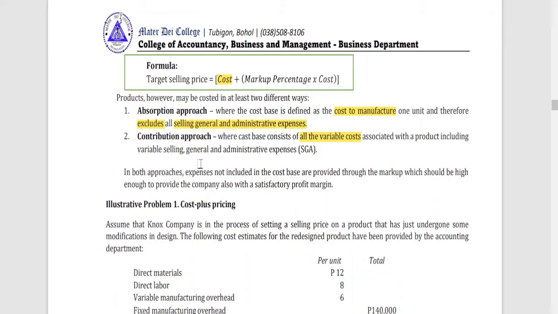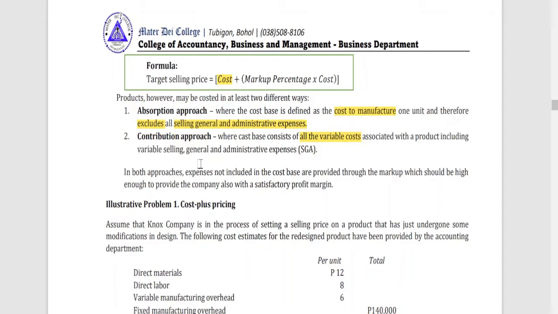So again, the absorption costing only includes the manufacturing costs. If the cost is not related to production or manufacturing, like your selling, general, and administrative expenses, then that would be excluded.